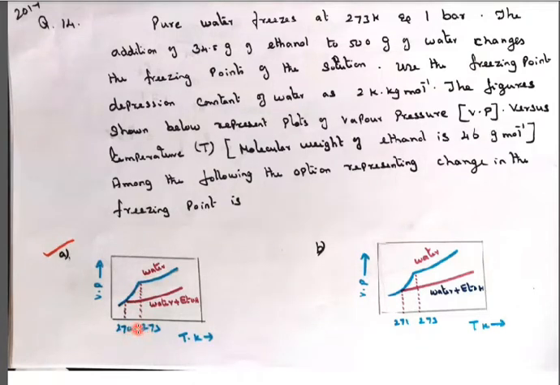Here the freezing point of water plus ethanol, that is solute and solvent together, is considered as a solution, and this solution is given at 270, the temperature in Kelvin. On the y-axis is vapor pressure and on the x-axis is temperature. In the same way they have given the second diagram.